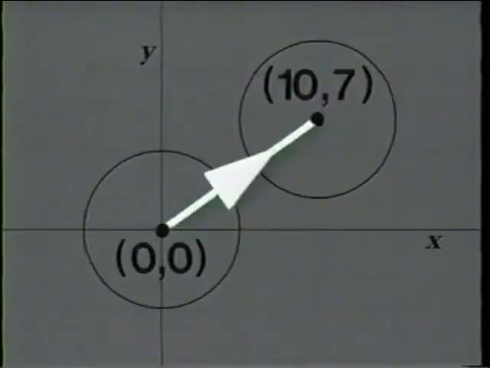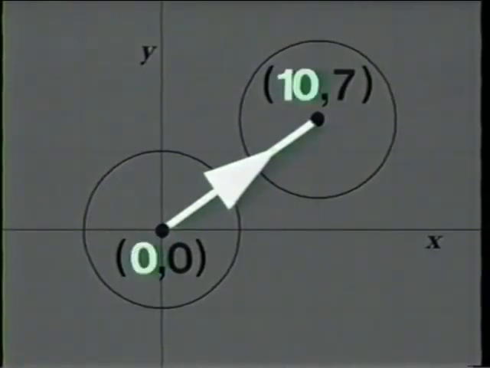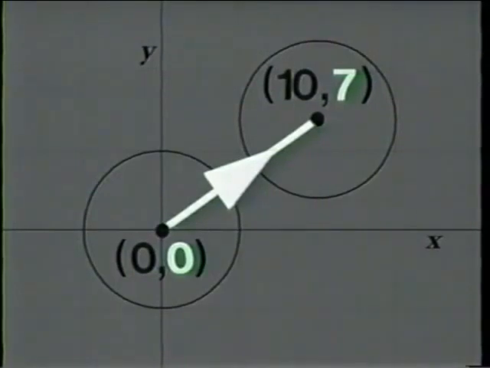Let's determine the translation that moves or maps the original circle onto the image circle. The center of the image circle is, as we said, (10, 7). So the x value of the center and all points on the circle have been increased by 10. And the y values have been increased by 7.